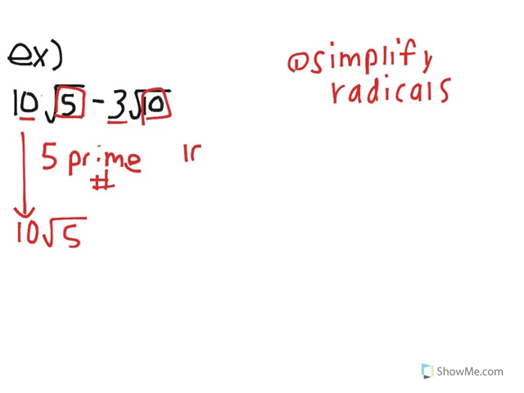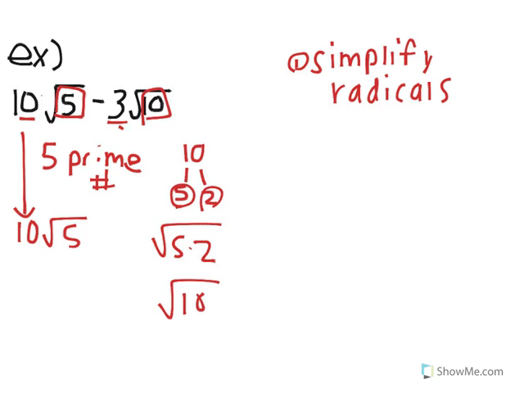And let's go to 10. 10 simplifies into 5 and 2. These are both prime numbers that can't be simplified any further, so we're just going to end up with the square root of 5 times 2, still the square root of 10. This didn't simplify, and we bring down the 3.